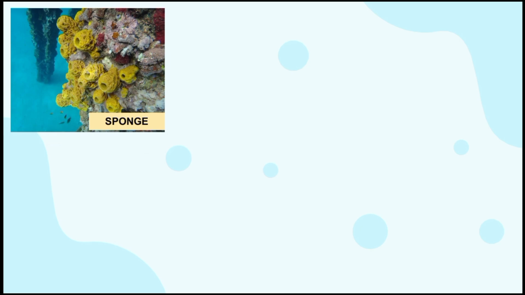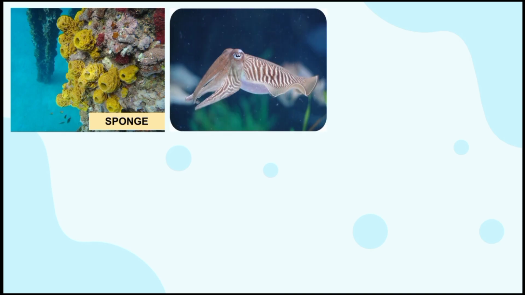I have here different animals and you have to tell what kind of invertebrates they are. Just for example, on the first picture, what is that? Very good. That is an example of a sponge. How about the next? What classification of invertebrates are they? It is a mollusk.